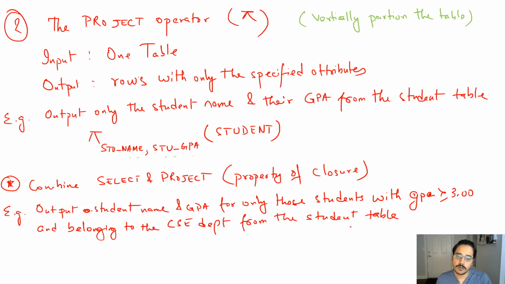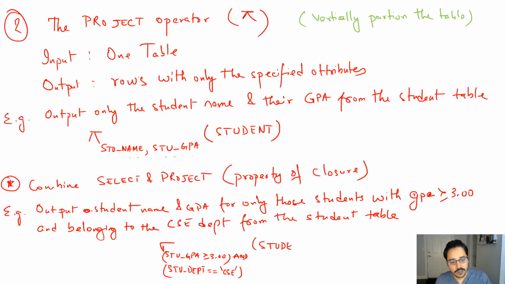Okay, so if you want to do this, then first we will have to apply our conditions in order to select the rows from the table that satisfy that condition, right? So then we will be writing sigma student GPA greater than or equal to 3.00 and student department equals CSE, okay, from the student table.